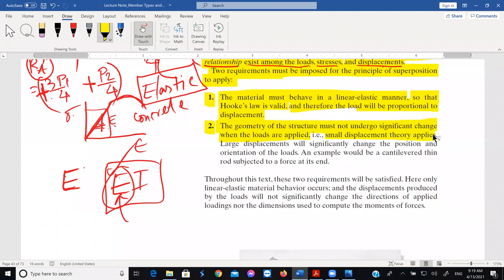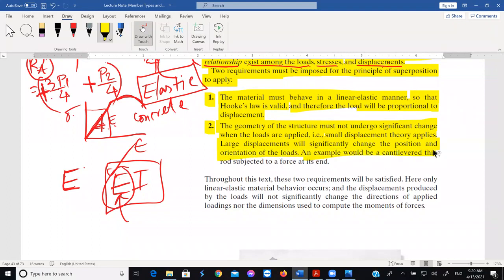Small displacement theory applies. That means we can use the moment area theorem, for example, to determine the displacement of a member or a structure. Those principles also apply for small displacement members. You cannot use those methods for large displacement structures. Large displacements will significantly change the position and orientation of the loads.